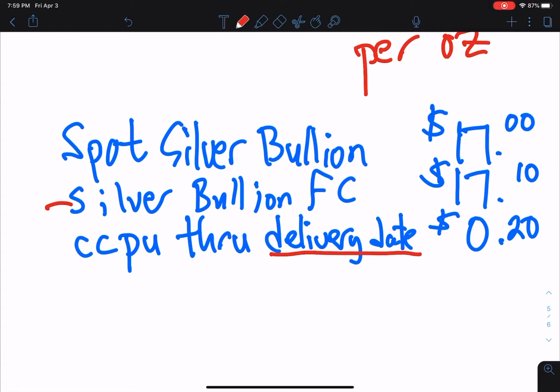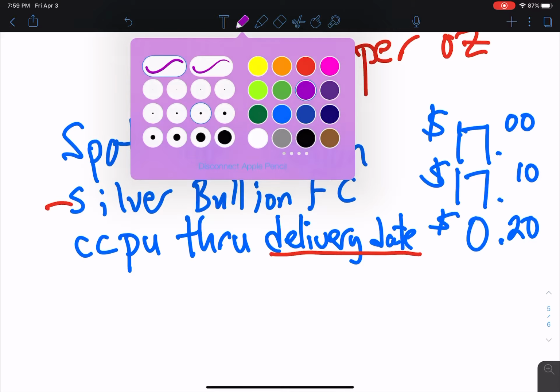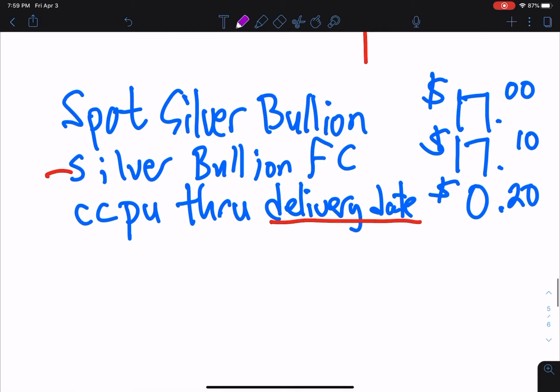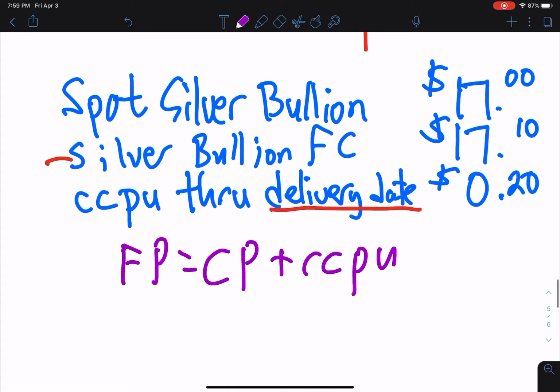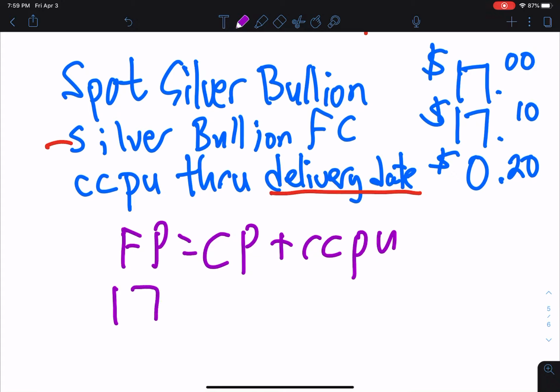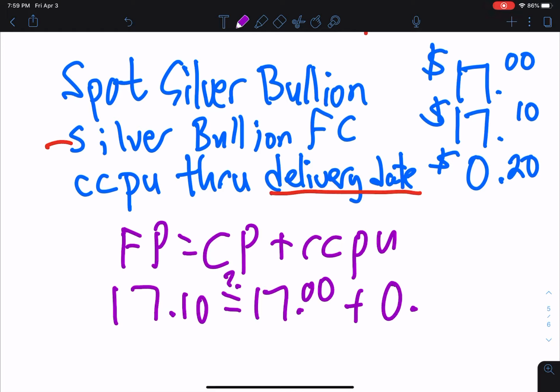Well, let's see. We can ask ourselves, does the full carry model, as stated, become satisfied or be consistent with equilibrium with these values? So that's the futures price is equal to cash price plus carrying cost per unit. 17.10, does that equal $17 plus 20 cents?